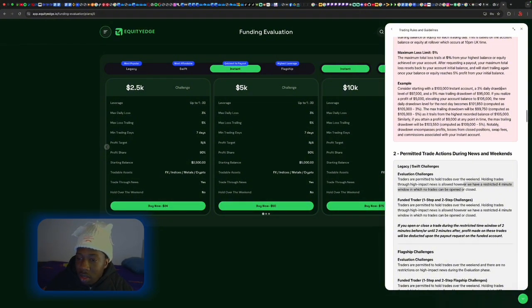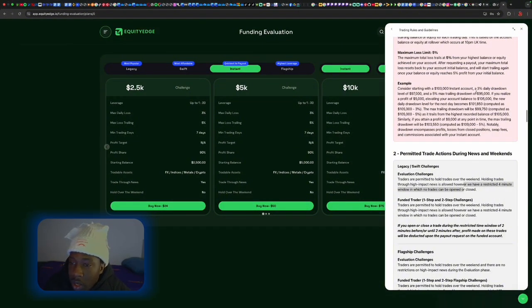So let's see the example, what are they saying? They said consider you have a 100,000 account, with a 3% daily drawdown level of 97,000 and a 5% maximum trailing drawdown of 95,000.